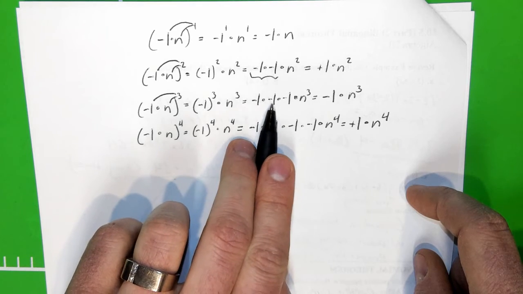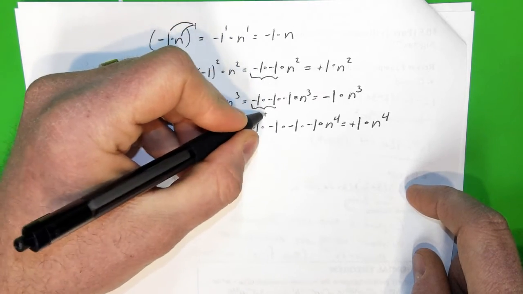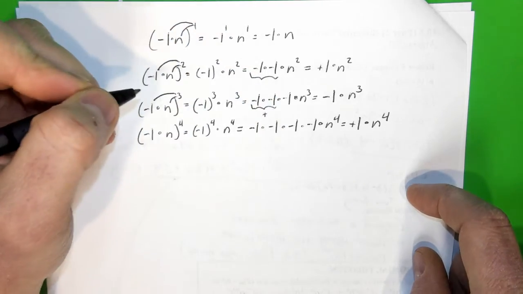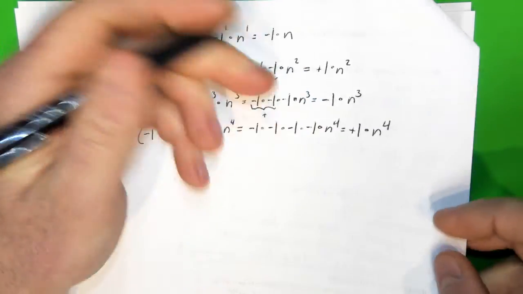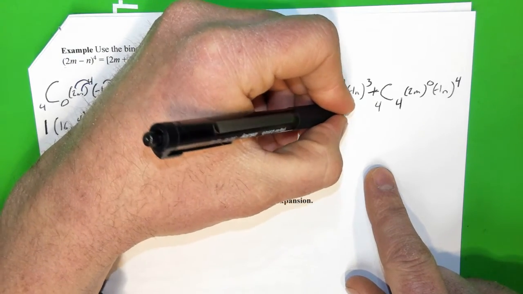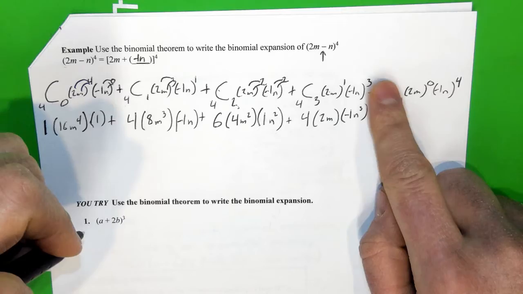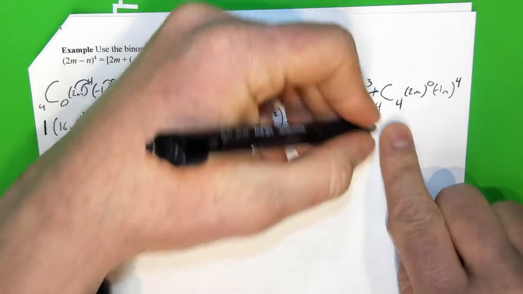Now, a negative times a negative gives you a positive right here, but then you're going to take that positive and multiply it by another negative. So you do keep your negative this time. Last time it disappeared. This time we keep it.